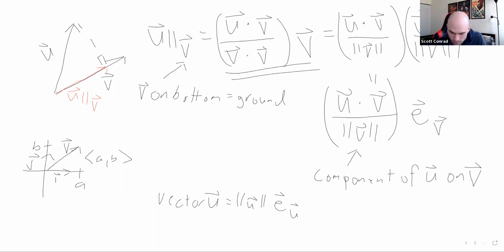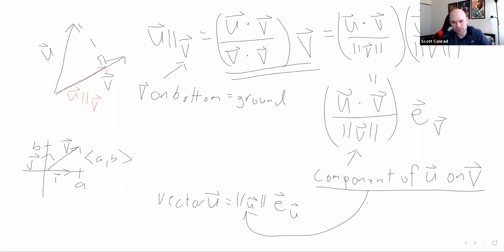It's the unit vector pointing either in the direction of V or in the opposite direction of V, and the magnitude of that times that. That's basically what the component does. It's like the magnitude, except it could point in the opposite direction. But the dot product takes care of that, right?